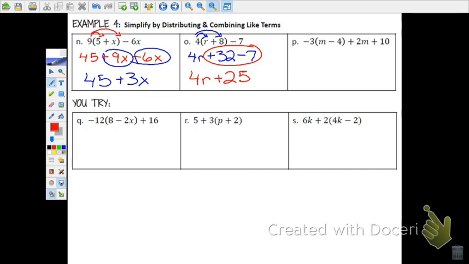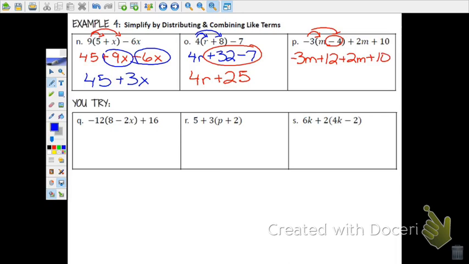Example P, I'm distributing. -3 times m is -3m. -3 times -4 gives me a +12. Bring down my +2m and my +10.